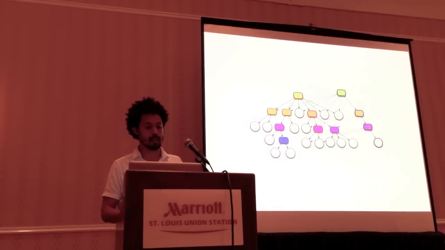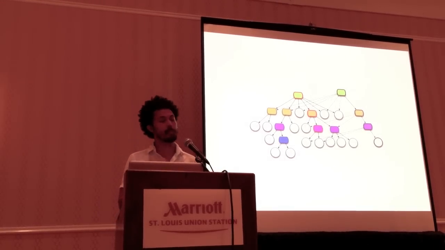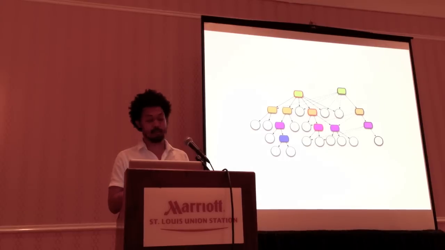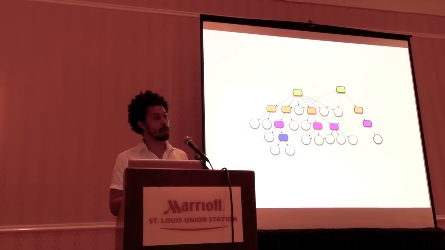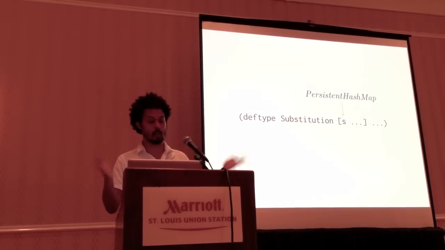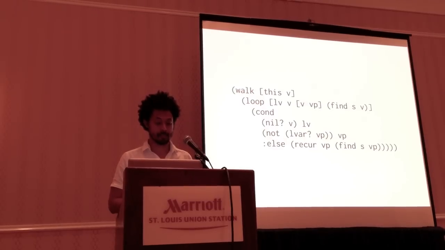So I changed this and went ahead and used persistent hash maps, because they have the same property as lists, in that they're naturally persistent. We still have simple backtracking, but we don't have to pay that cost for looking up variables. So in the substitutions type inside of core.logic, we have a persistent hash map instead of a list.